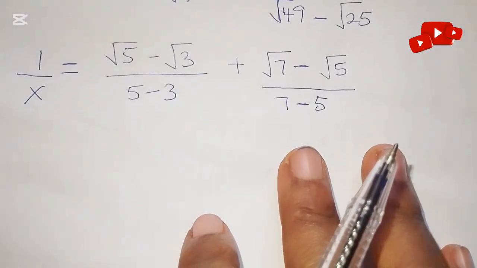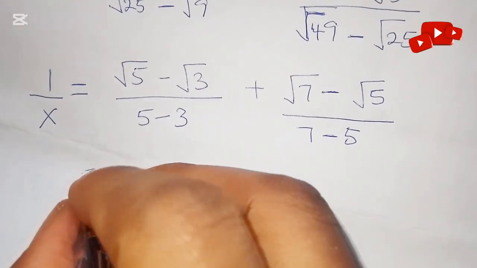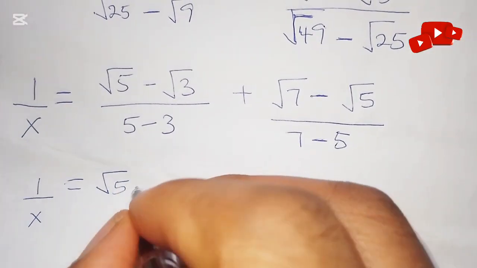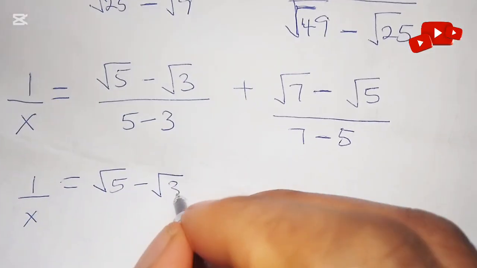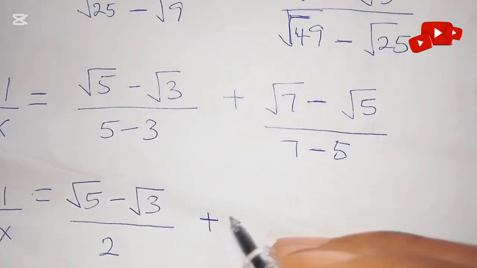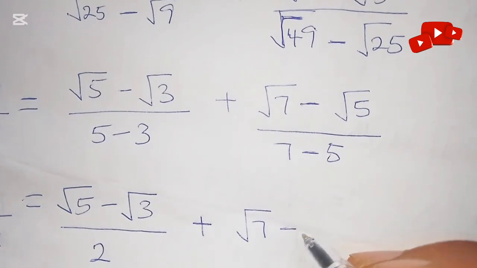Next, this gives us 1 over x equals root 5 minus root 3 all over 2 plus root 7 minus root 5 all over 2.